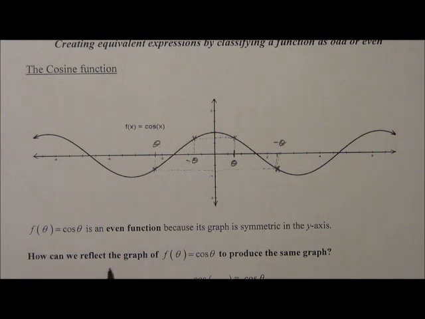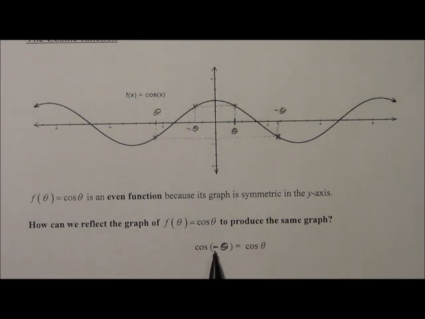So how can we reflect the graph of f of theta equals cos theta to produce the same graph? Well, what we'd have to do is cos of negative theta, which is cos theta. And that negative indicates, in terms of transformations, a reflection in the y-axis.